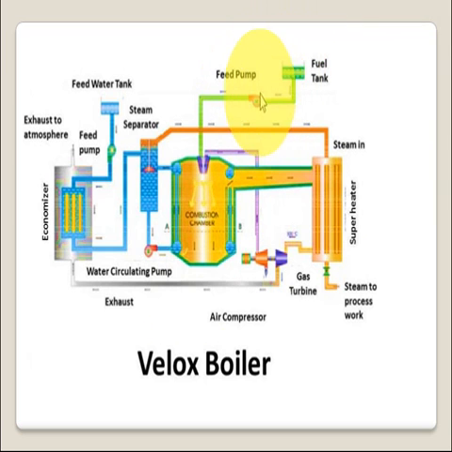This fuel pump supplies fuel under pressure into the combustion chamber, and that fuel burns with the pressurized air supplied by this axial flow compressor. Around 2 to 3 bar the combustion takes place, and due to the increase of pressure, air velocity increases and the heat transfer rate increases from the flue gases to the water in the water tubes, and the exhaust gases then enter the superheater, where they heat the steam to superheated condition.